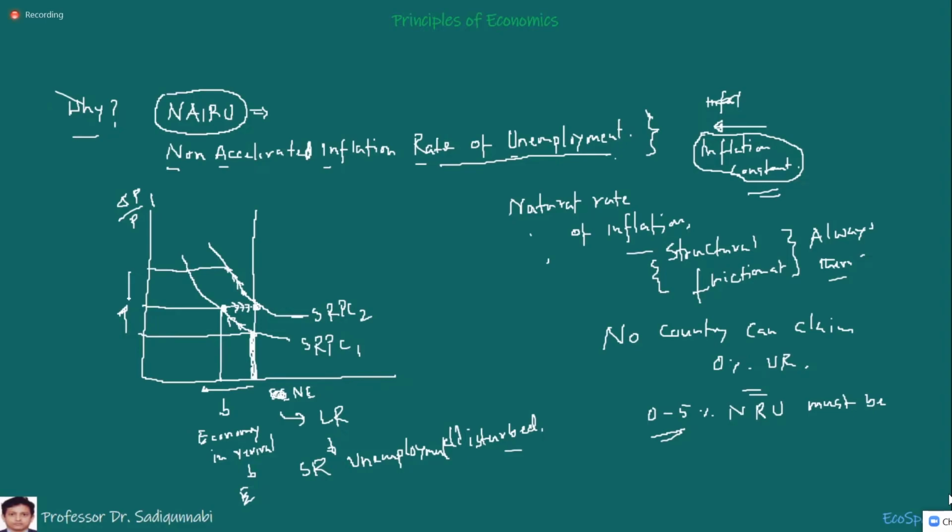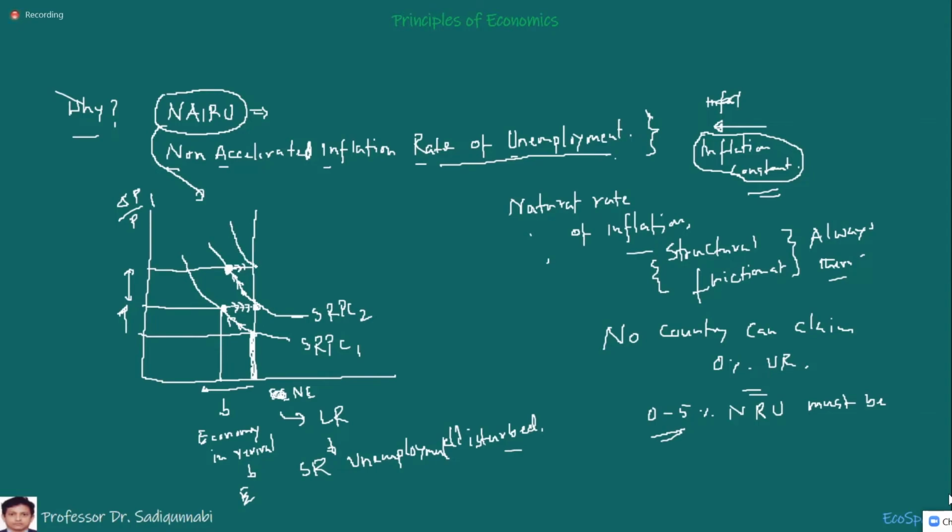So here this much inflation is in the second period. So again, because of NAIRU, that means constant inflation is there. So inflation remains constant here, and again employment is created and moves from here to there. So the economy moves in this way.